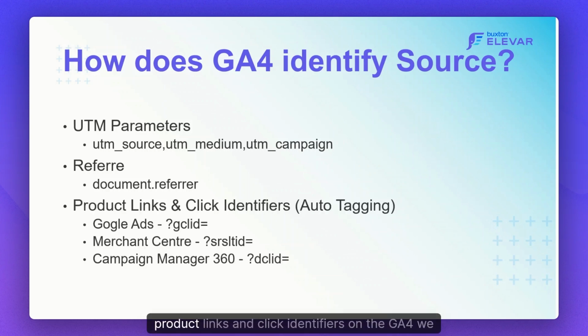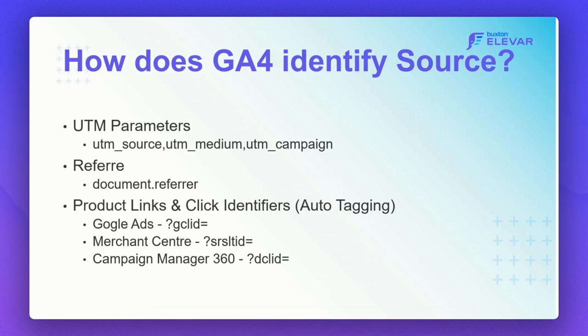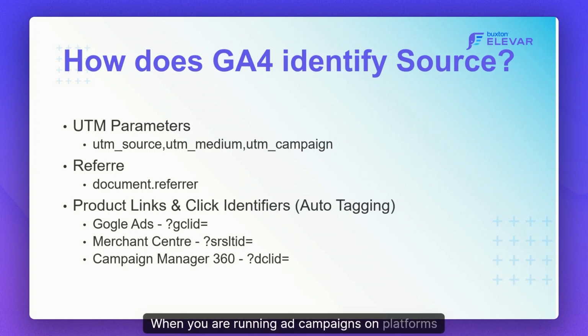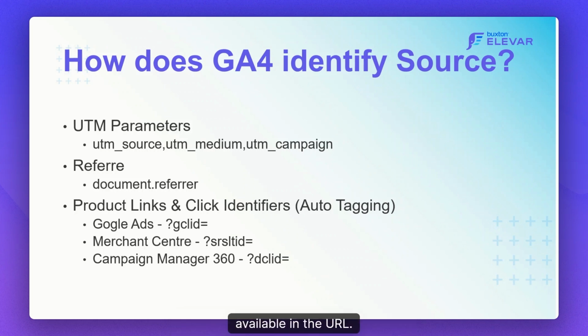Third, product links and click identifiers. In GA4, we can see the product linking feature where we can link various Google products. When you are running ad campaigns on platforms like Google Ads and auto tagging is enabled, a unique click ID like the gclid will be available in the URL.